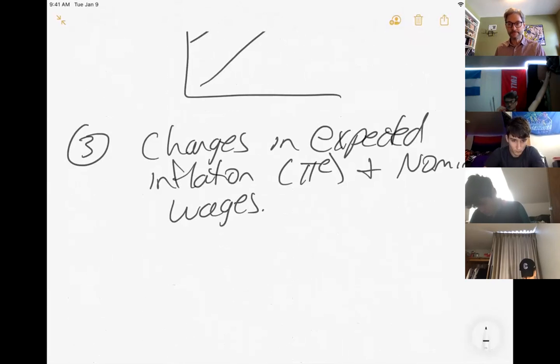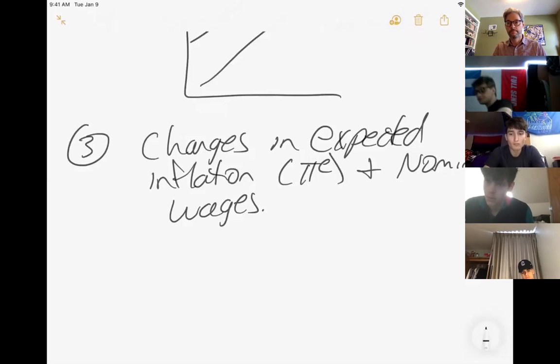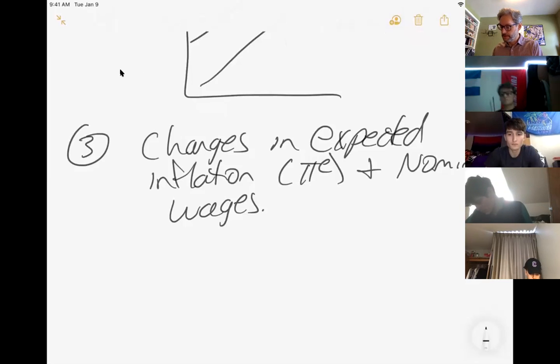When the public thinks inflation is going to be higher or lower, then there's going to be a change. The public's going to change their nominal wages. Okay? So, let's think about an example.